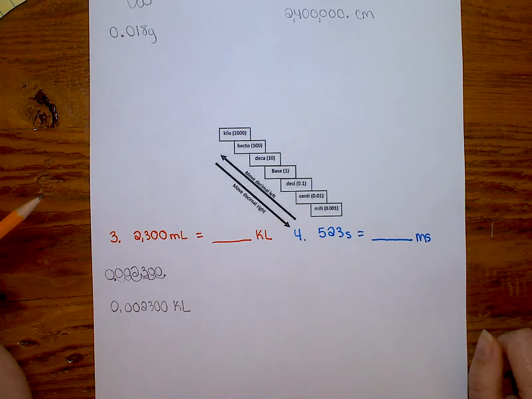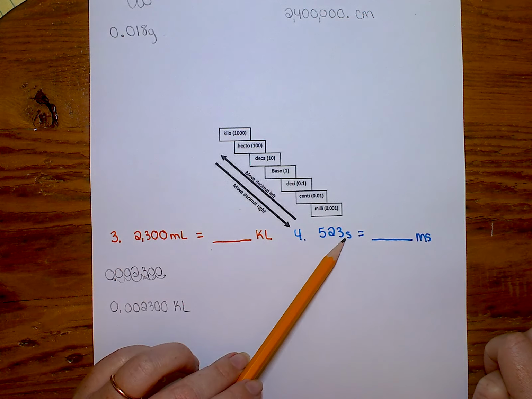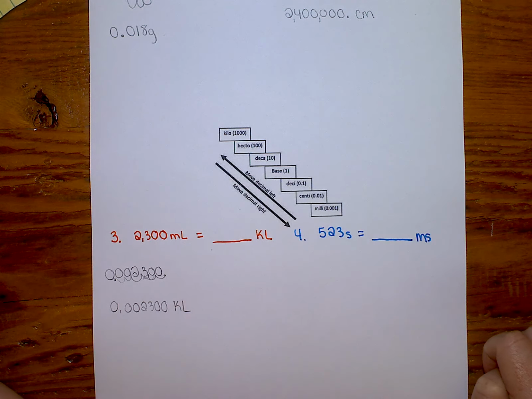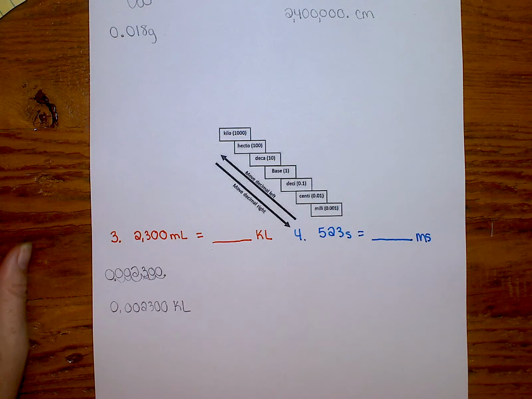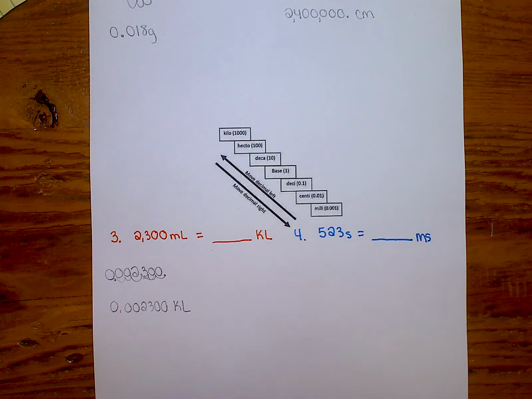Next one, we're going to go from seconds to milliseconds. So seconds is our base amount. There's no prefix. If we ever see something that's in seconds, liters, meters, or grams, that's our base.